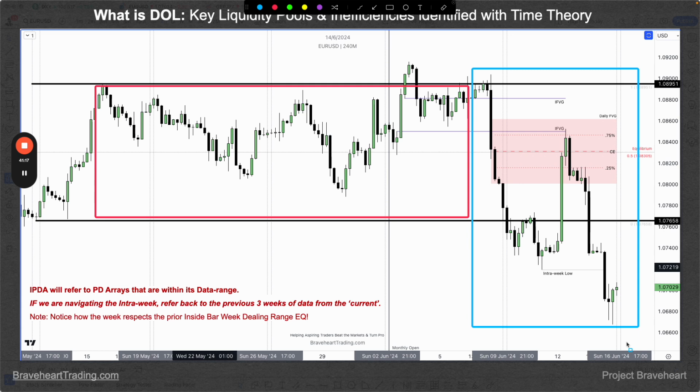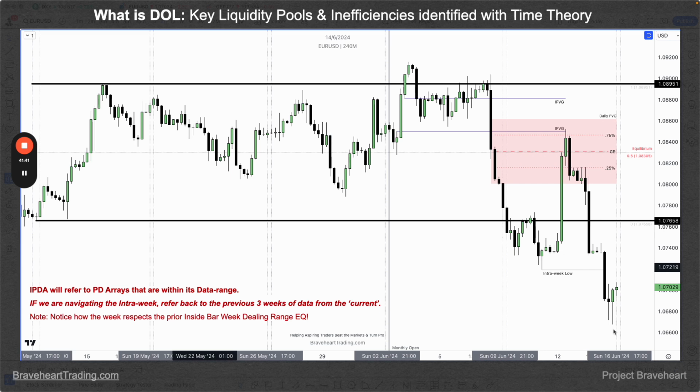And just notice how that final week that was ready to break out of the inside bar week range, notice how it returns to the equilibrium one more time to say, okay, we're done with this range now, and then displaces out of the equilibrium price. So it just looks very algorithmic, if I would say.